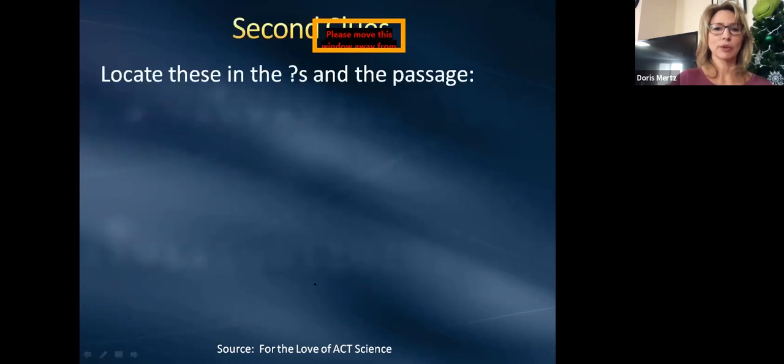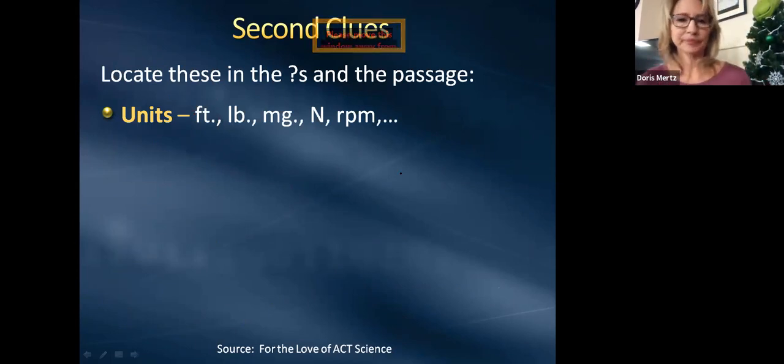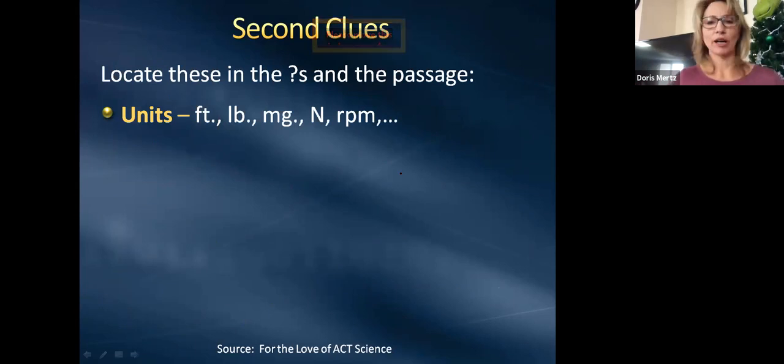But the second clues, and you look for these in the questions first, and then you look in the passage. The second clue in the question is going to be the units that they give you. If it says, based on table 1, does the RPM increase or decrease as you change the fuel to such and such?